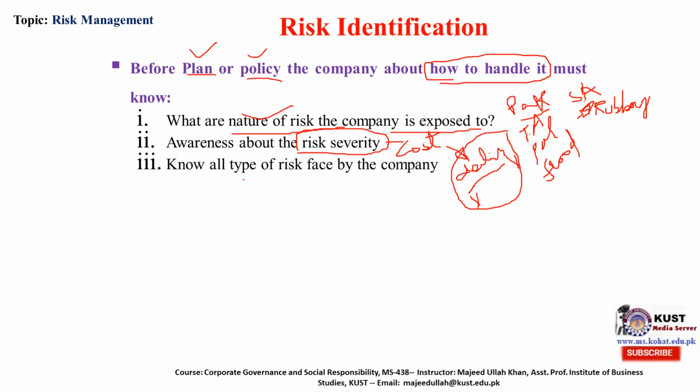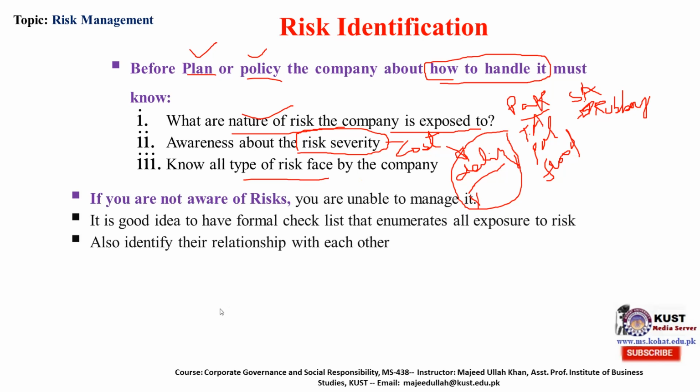Know all types of risk faced by the company. It means you have to have a list for the company. What will happen if you don't identify these risks? Simply, you will be unable to manage them.